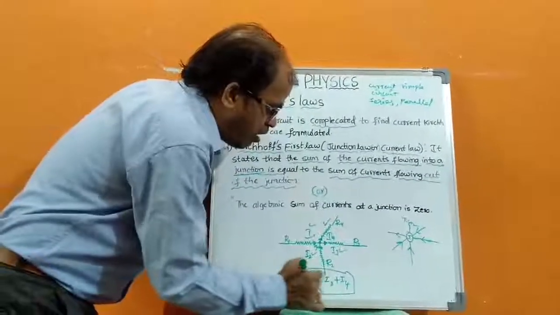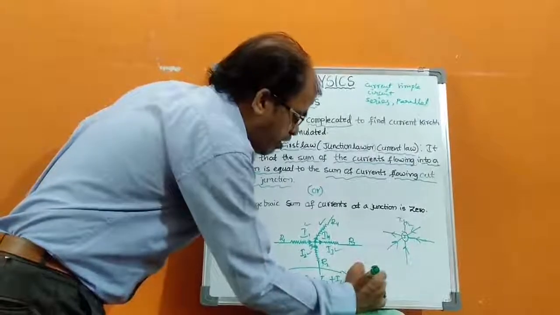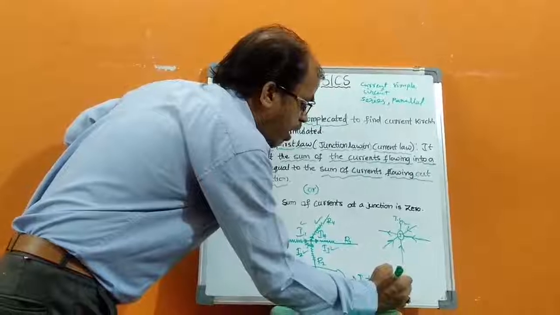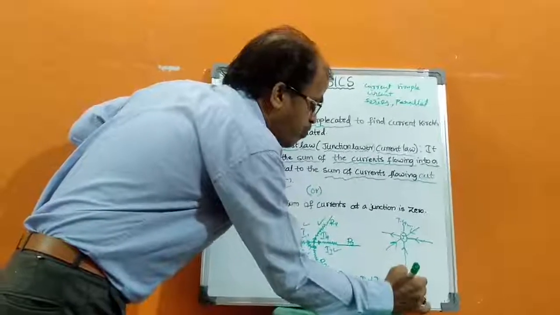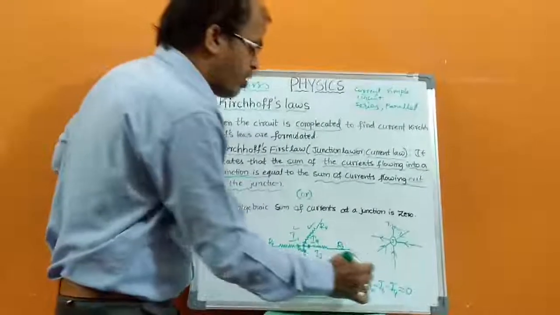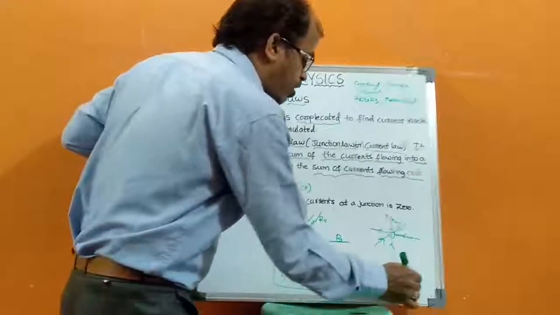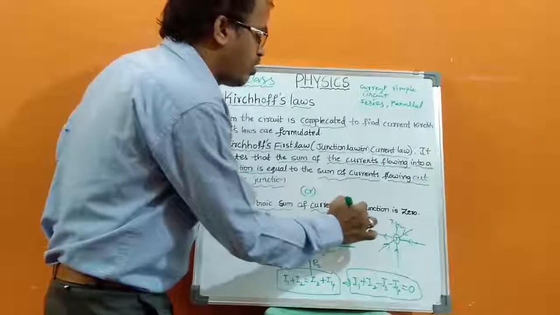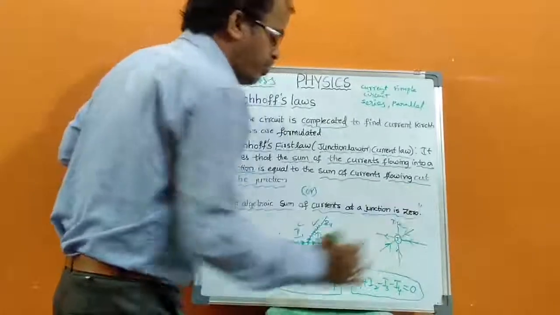These two are equal, so we can write I1 plus I2 minus I3 minus I4 equals 0. So in other words, the algebraic sum of currents at a junction is 0.